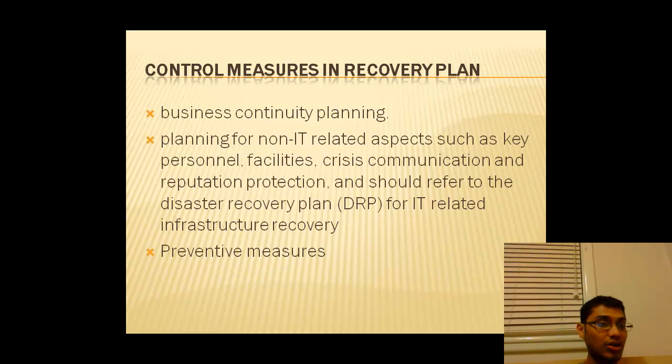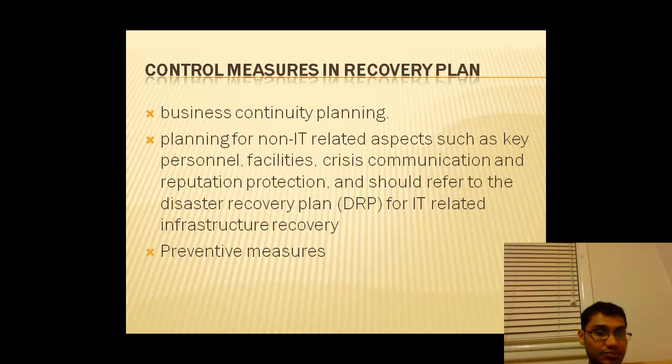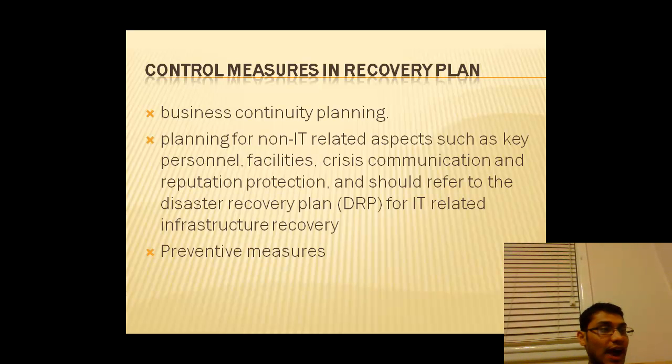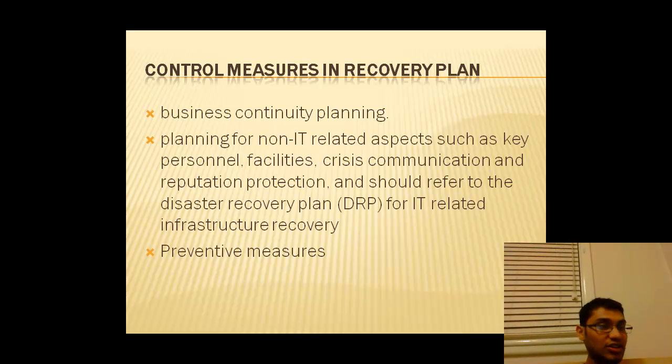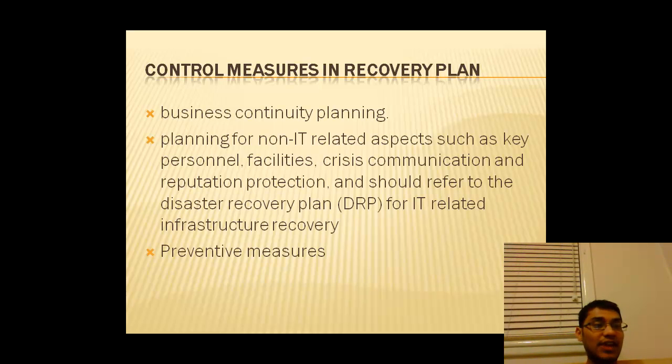Preventive measures for the IT-related infrastructure recovery continuity. This article focuses on disaster recovery planning as related to IT infrastructure. Types of measures. Preventive measures: these controls are aimed at preventing an event from occurring.